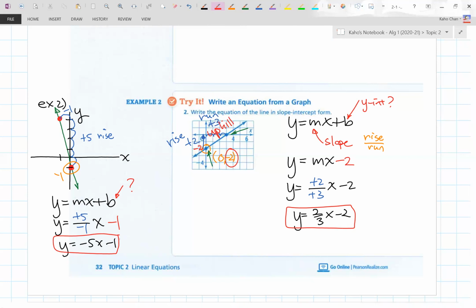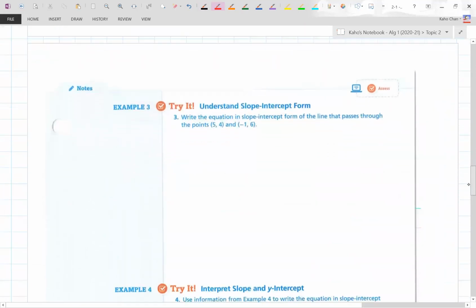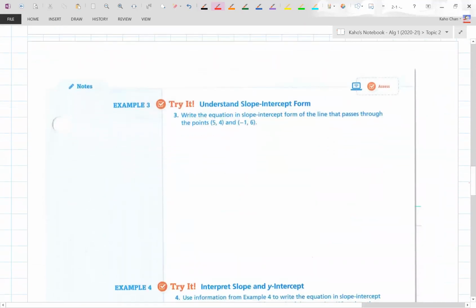All right. Not all the time do they give you that information quickly when you're trying to uncover mx plus b. Let's go to the next page, page 33. Let's try to understand slope-intercept form, but this time instead of a graph or information that you can just plug into y equals mx plus b, let's jot that down.